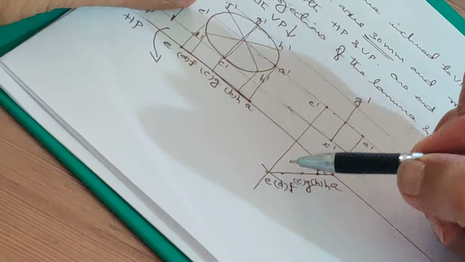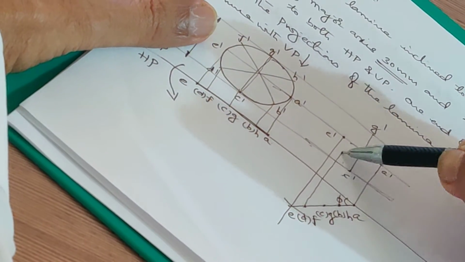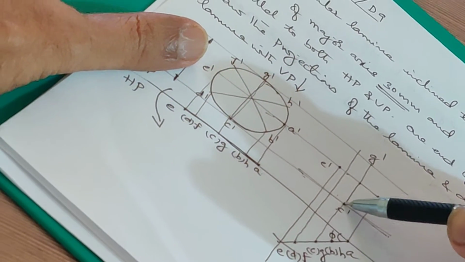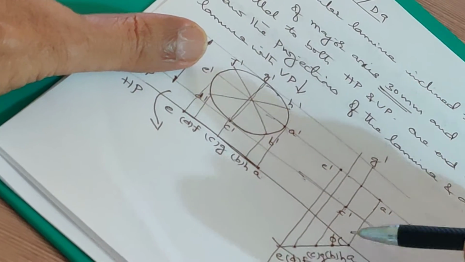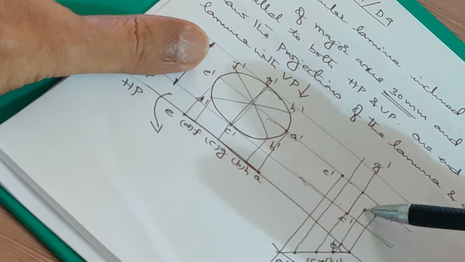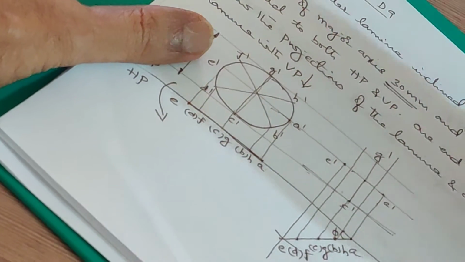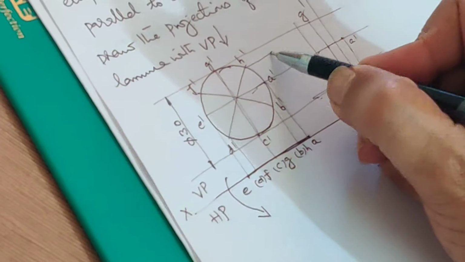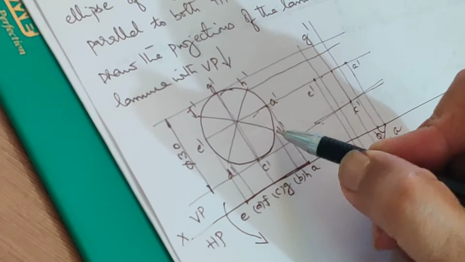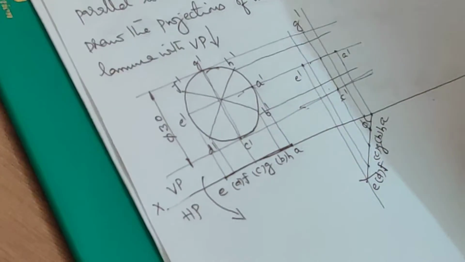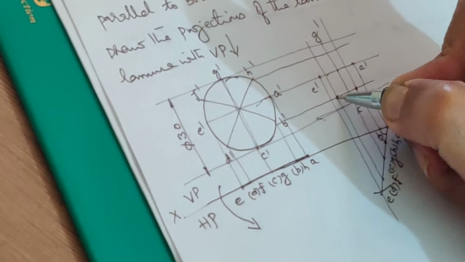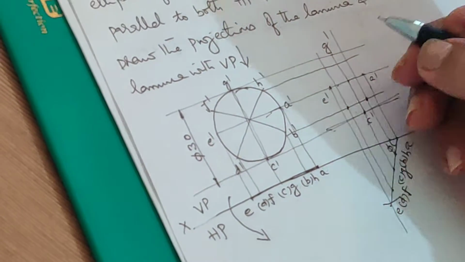Now you can project these points up. This point will coincide with that line, and this also you are going to project up. Now draw the locus of all the points. Mark the points. Not only marking, you have to name them.